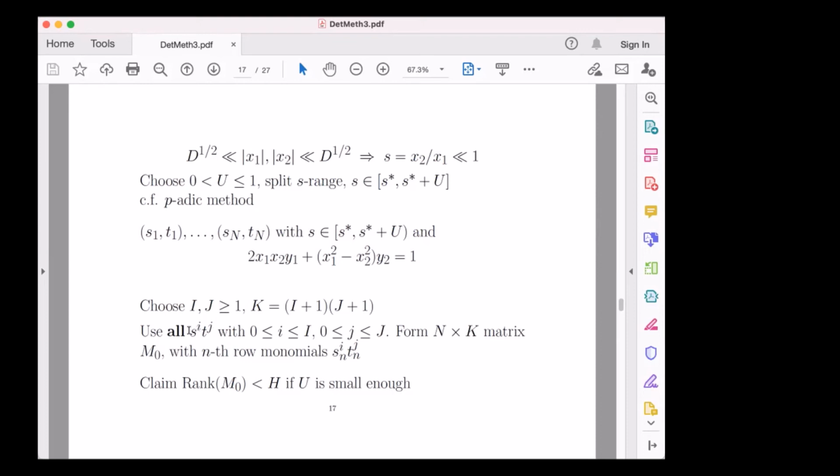There'll be monomials S to the I, T to the J, with I up to capital I and J up to capital J. So we have to think about how we will choose monomials, and it turns out that a good choice is to choose monomials with exponents in such a range. And capital K will then be the number of monomials.